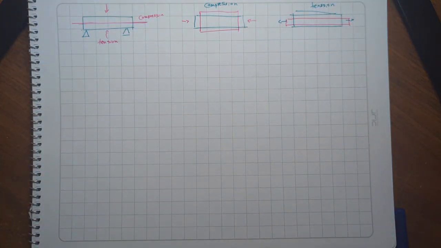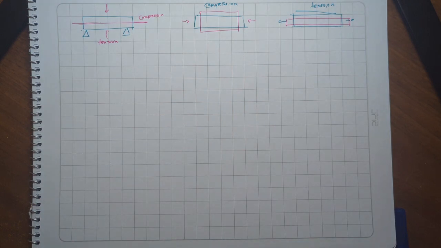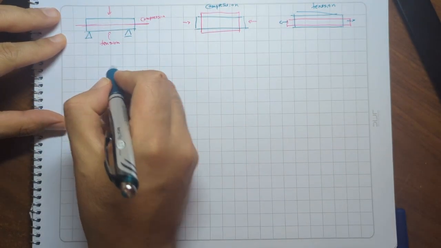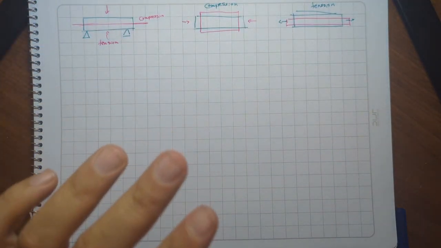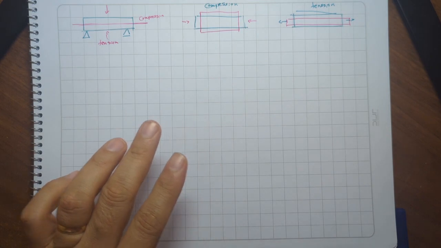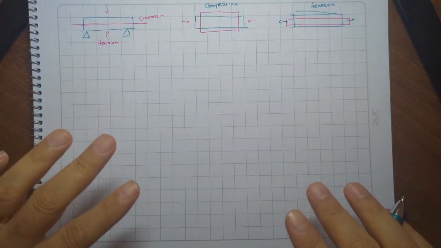All right, now we want to talk about shear stress. We talked about compression stress and tensile stress, or tension stress, and now we want to talk about shear stress. What is shear stress? If the force is applied perpendicular to the bar's axis, it's going to be under shear stress.